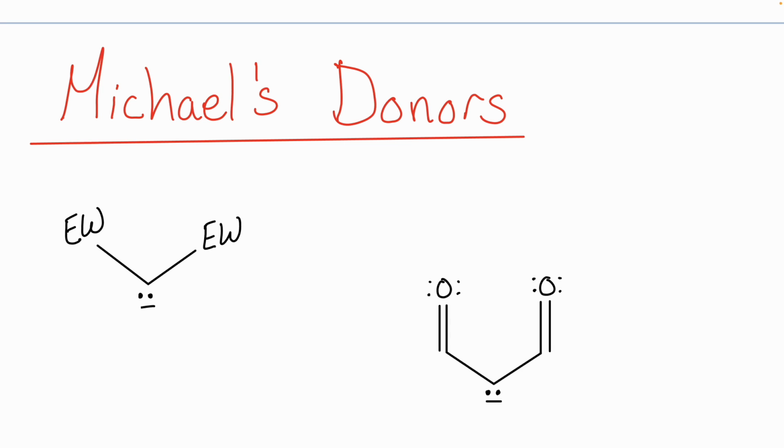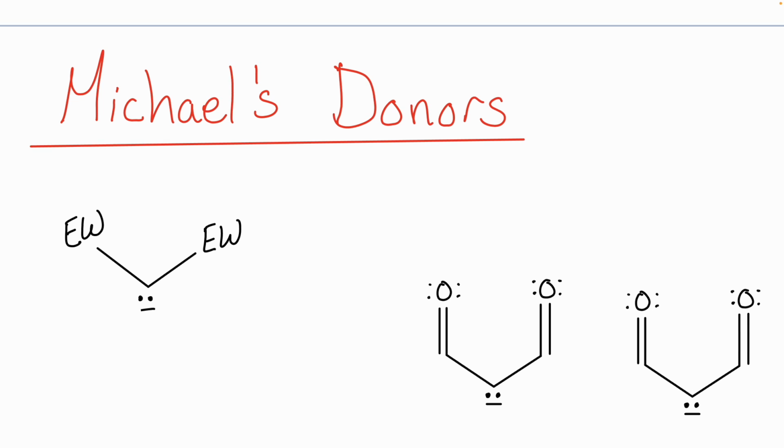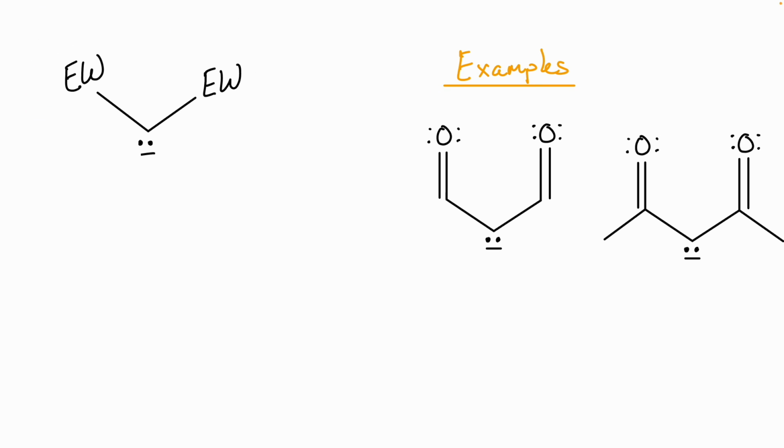Instead of being two aldehydes, we could have two ketones. All right, so here's some examples. It doesn't have to be aldehydes or ketones. We can have an ester or an amide.